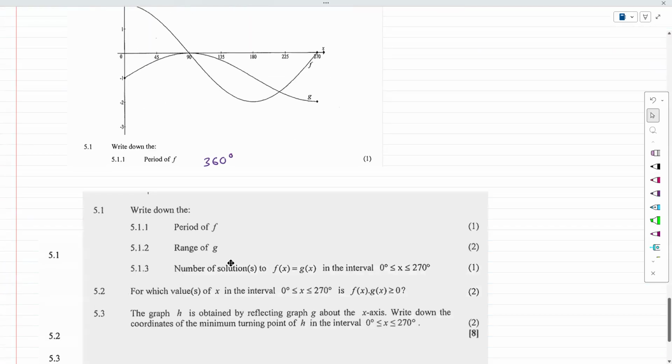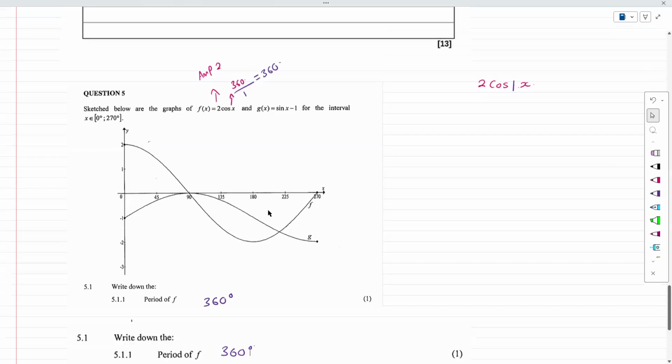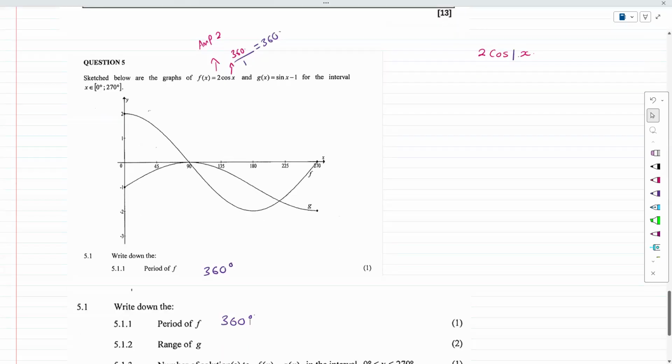Okay, this is a double question because I screenshot it like that. What is the range of g? So I go to the g graph. g is here. Okay, cool. So the range of g is quite simple to deal with because g is here, if I'm not mistaken.